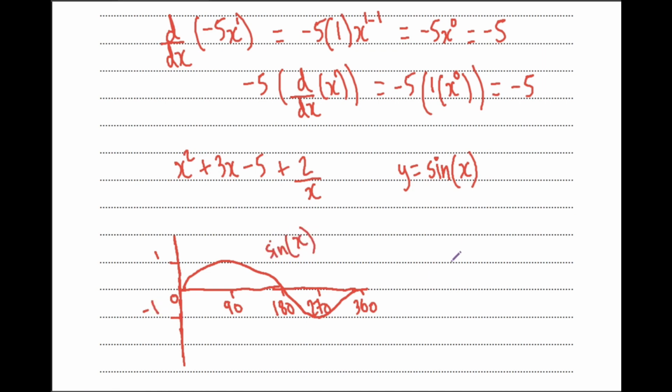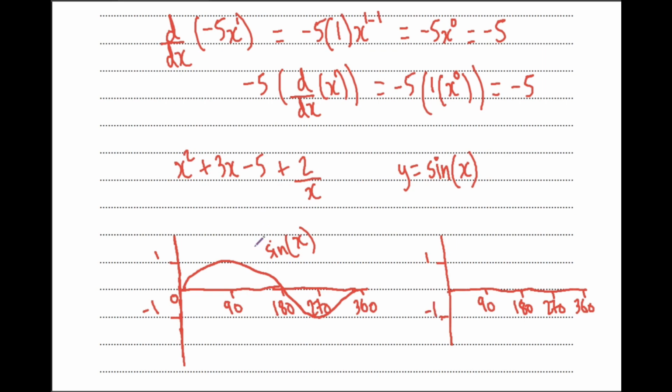Now let's do something. Let's draw another graph, and I'll show you what this graph will be. We'll have 90, 180, 270, and 360. Okay, let's do 1, and let's do -1.